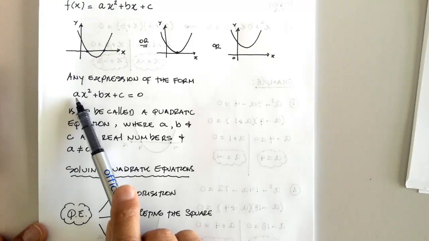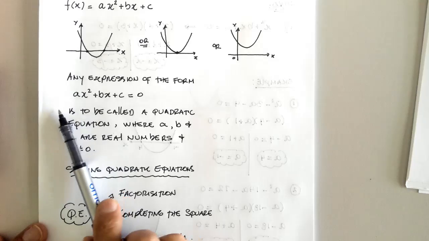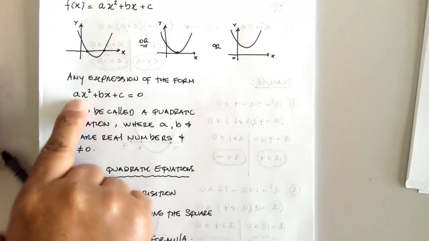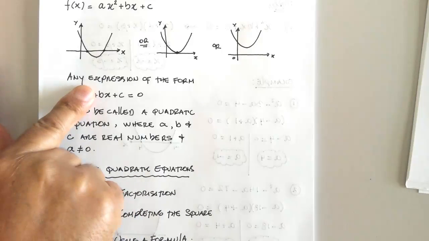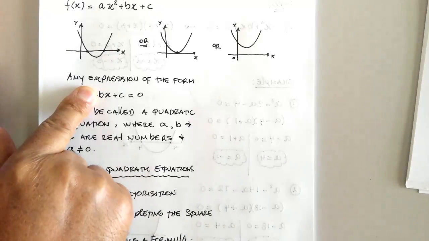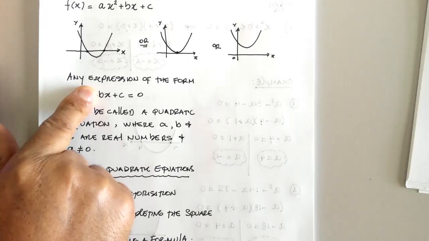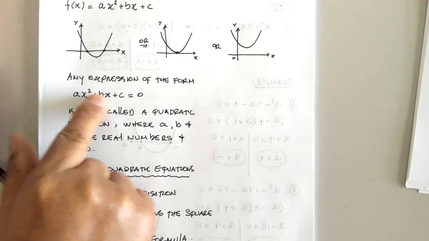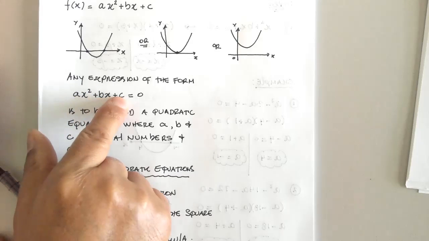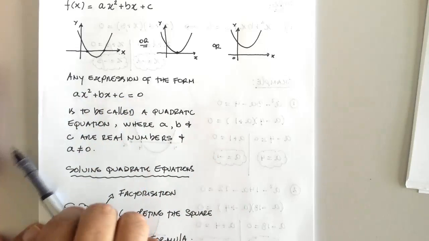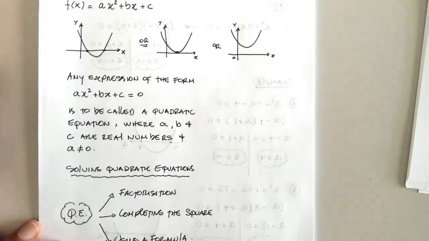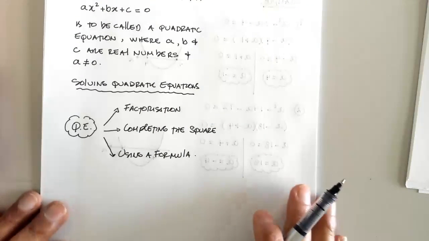The reason a cannot be 0 is that if it is 0, the ax squared term disappears and we don't have a quadratic equation anymore. That's why we put that restriction on a. b can be 0, and c can be 0, and we still have a quadratic equation.